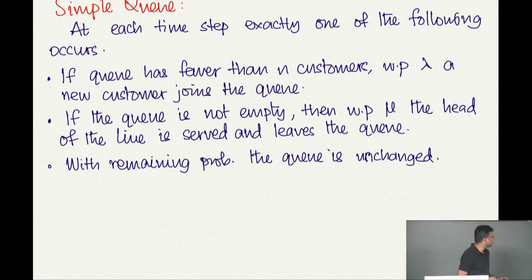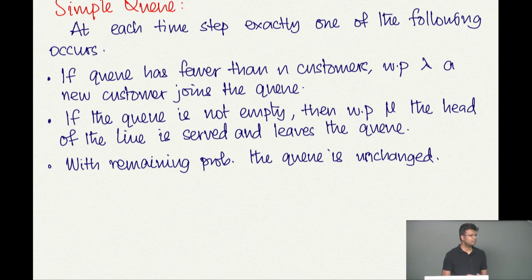There's some queue that is happening. So you have a queue, and it has the following criteria. If there are fewer than n customers, then a new customer joins the queue, right? And if the queue is not empty, then with probability mu, the head of the line is served, and they leave the queue. With the remaining probability, the queue is unchanged, right?